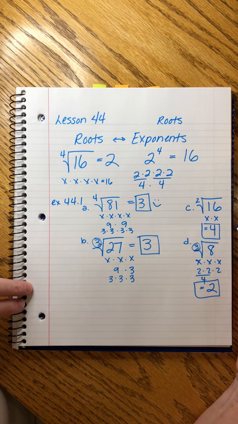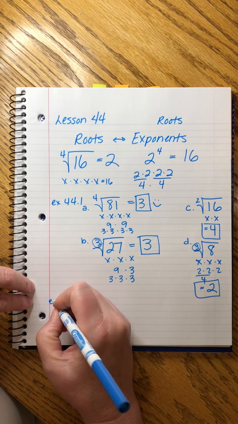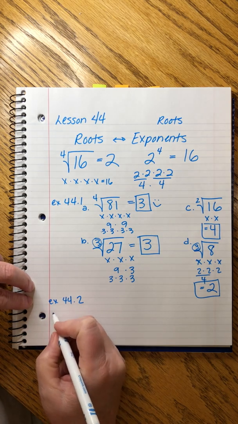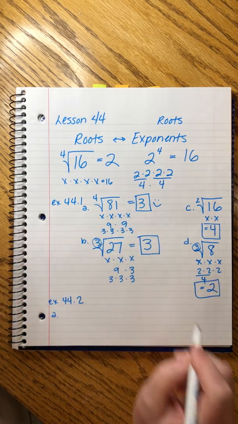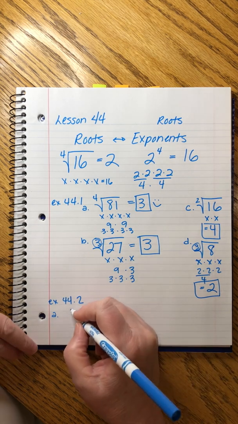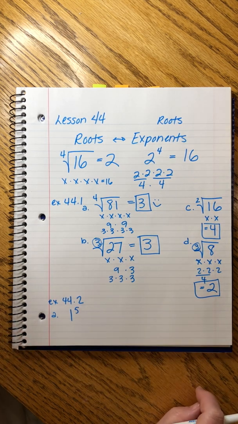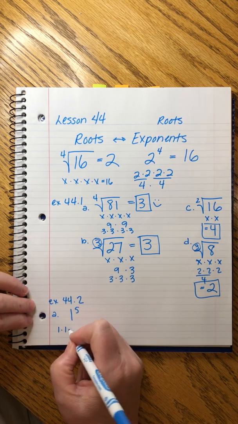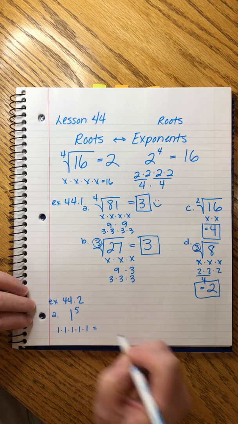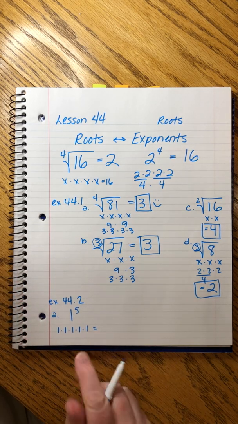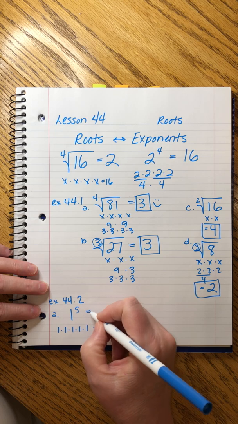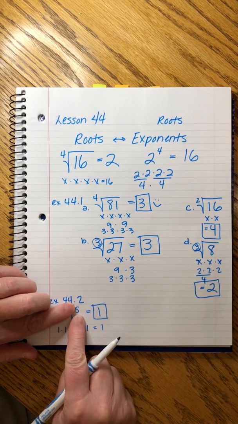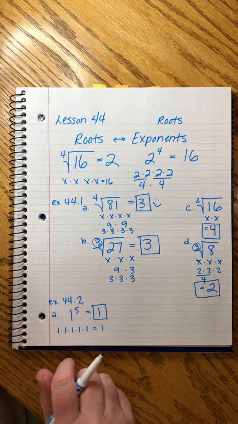Here comes a couple of good to know facts. Simplify 1 to the 5th power. This tells us to take 1 and multiply it by itself 5 times. 1 times 1 times 1. We can multiply by 1s all day, but we're only going to get one product, and that is 1. So, anytime you take 1 and raise it to a power, the answer will always be 1. Good to know.